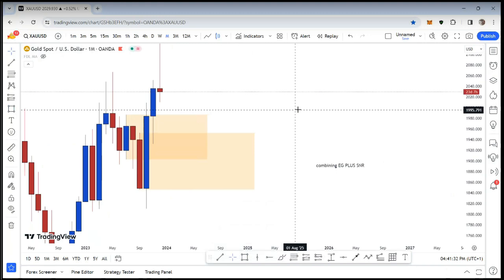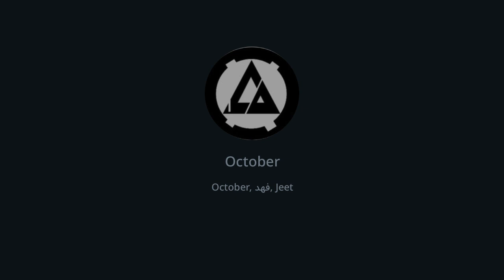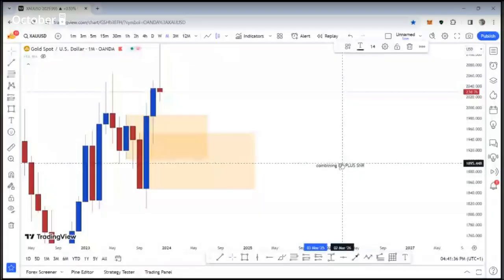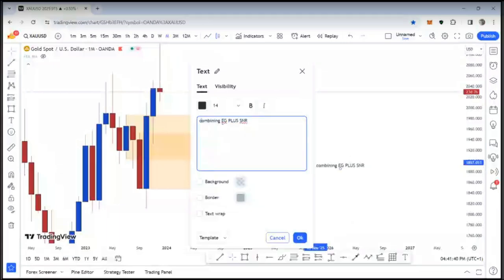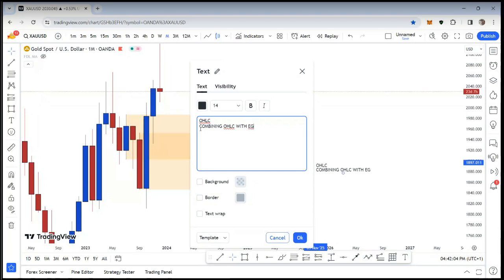So today we're going to talk about OHLC, and we're going to talk about combining it with EG, which to me is more or less like SNR.